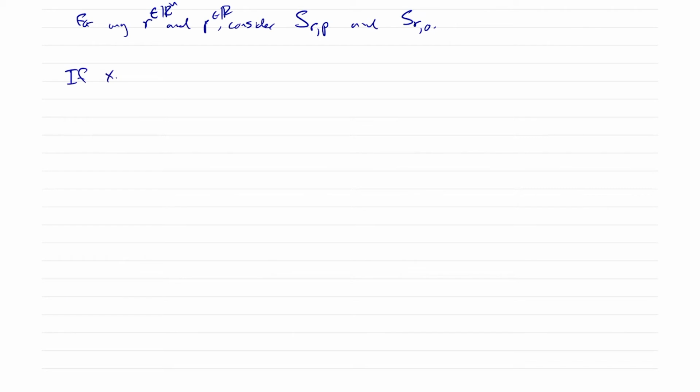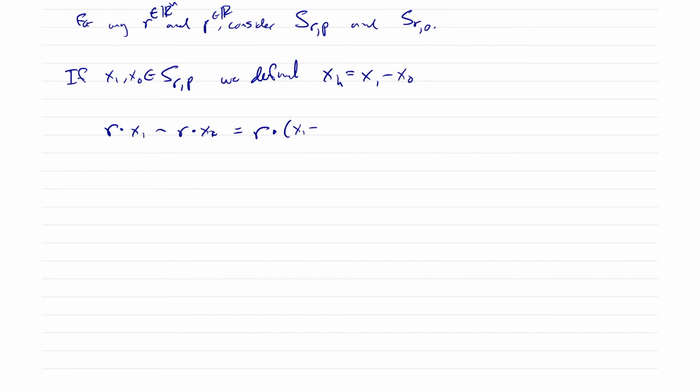So if x1 and x0 are in S(r, p), and we define a homogeneous vector xh as x1 minus x0, then we can see that r dot x1 minus r dot x0 is equal to r dot (x1 minus x0), and so this is r dot xh. Since both of these should be equal to p, this should be equal to 0.